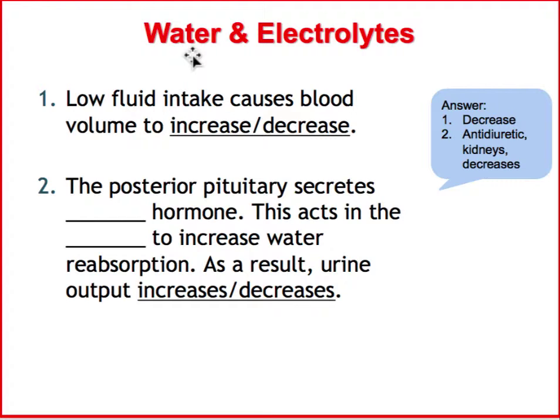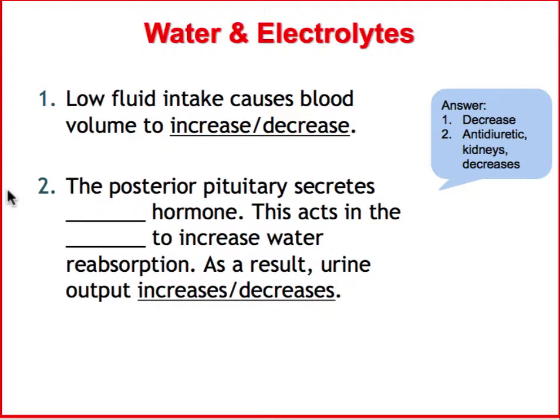And so low fluid intake, or dehydration, causes a decrease in blood volume. The posterior pituitary secretes antidiuretic hormone, and this acts in the collecting duct of the kidney to increase water reabsorption, and as a result, urine output decreases.